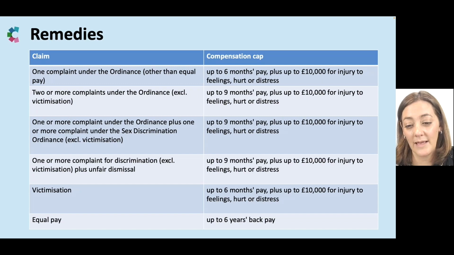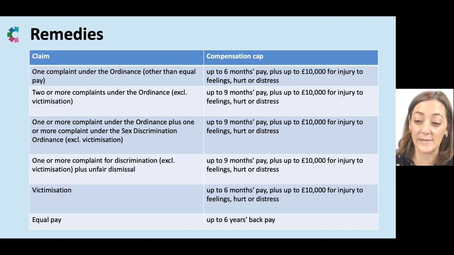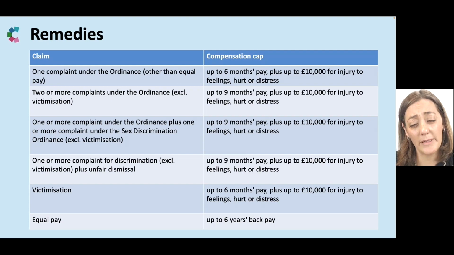And here, if successful, somebody could be awarded up to 6 months' pay, plus up to £10,000 for injury to feelings, hurt or distress. The fact that this is a separate claim means that this could be brought alongside 1 or more complaints under the ordinance at the same time, and it will be dealt with separately by the tribunal when it comes to the compensation awarded.